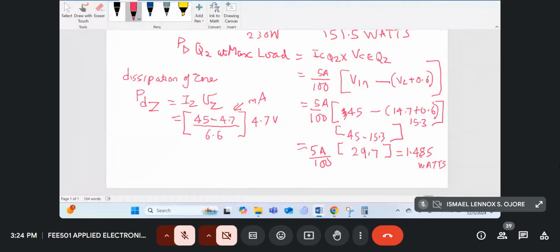Omola, open your calculator and show me if I'm going wrong. I'm using an old calculator here. So 45 minus 4.7 gives me 40.3. In the square bracket, the numerator is 40.3 divided by 6.6K, times 4.7.